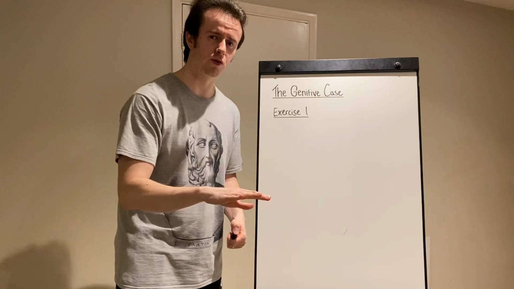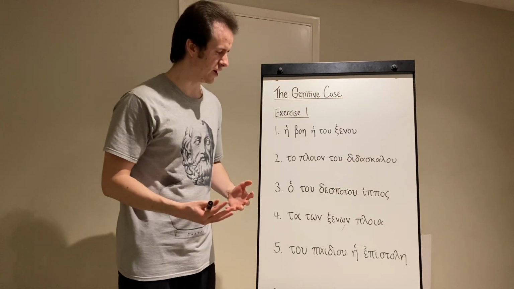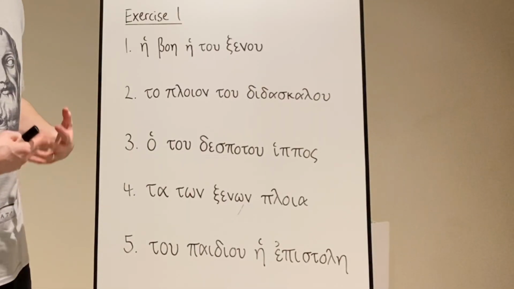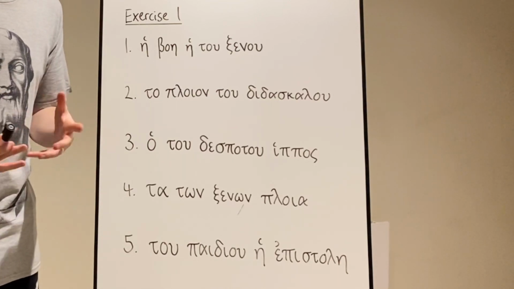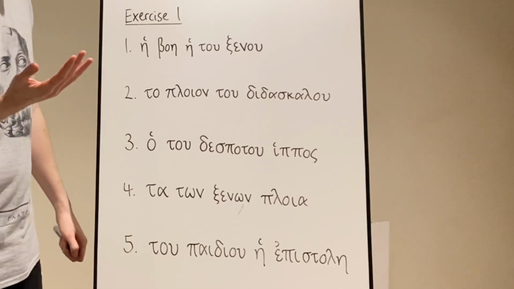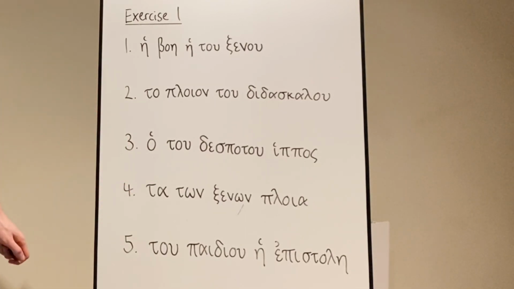Specify which one it uses after you translate the phrase. Okay, here are the 5 phrases. So have a go at translating these literally at first, but then in your final translation, translate them into natural English, and then specify which method of deployment of the genitive is being used in each phrase.